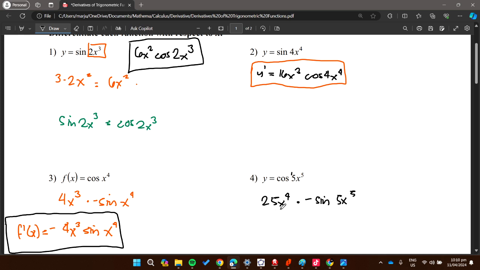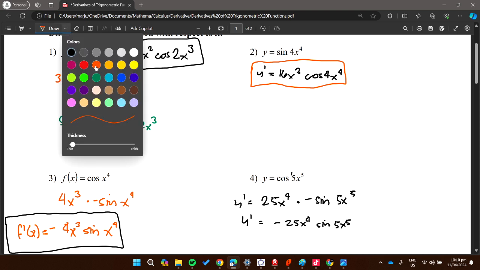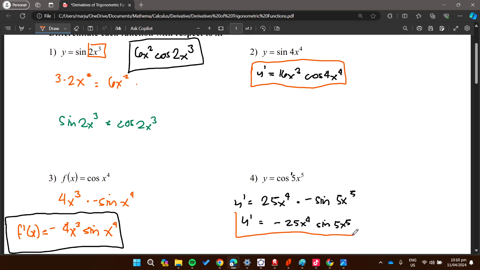And then, all you have to do is simplify. So, y prime, that is just negative 25 x to the fourth sine of 5 x to the fifth power. So that will be your answer for number 4.